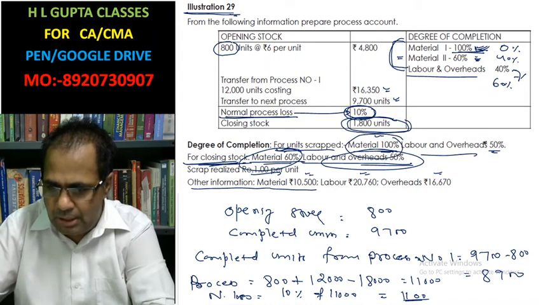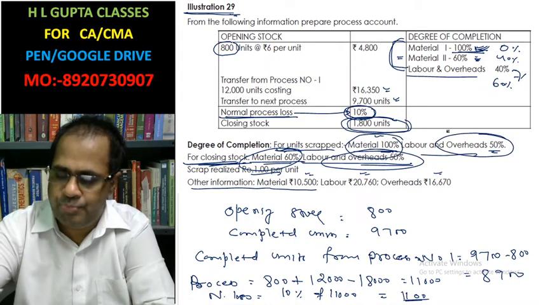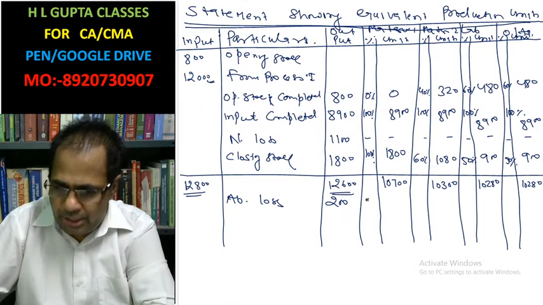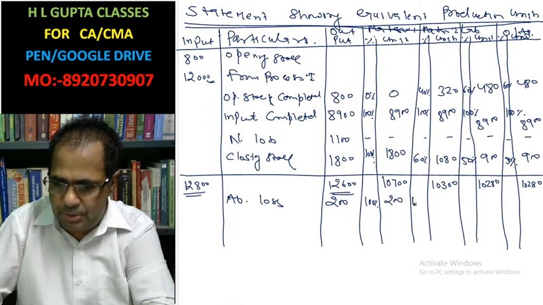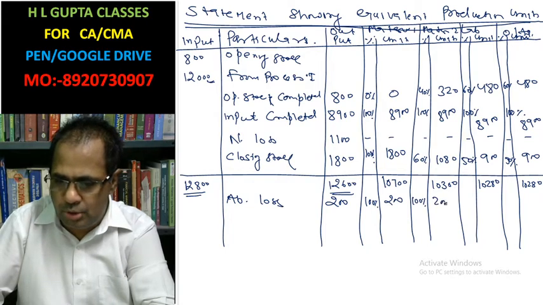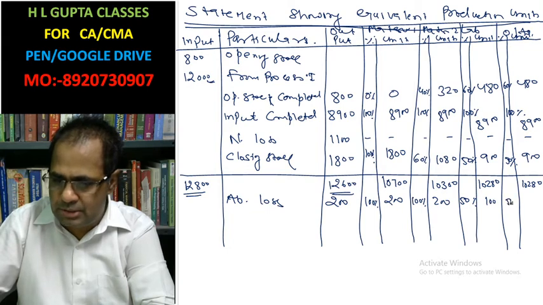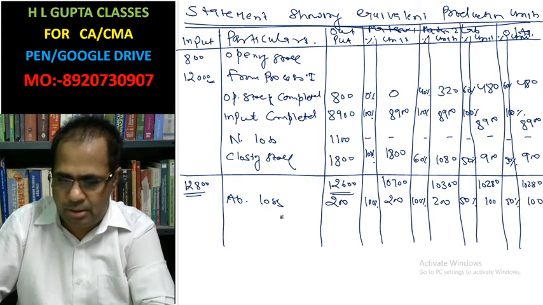100% material, labor and overhead 50%. So 100% of this is 200, and this is your 50%, that is 100.